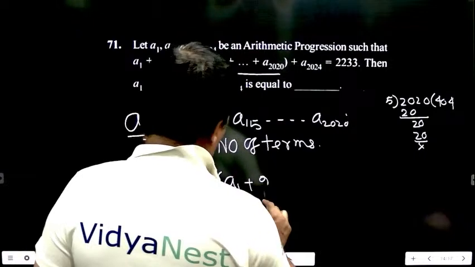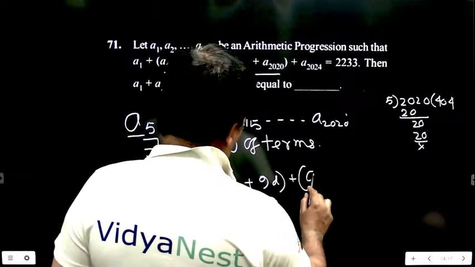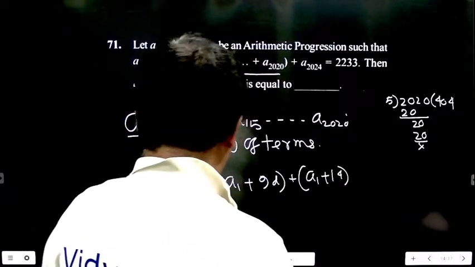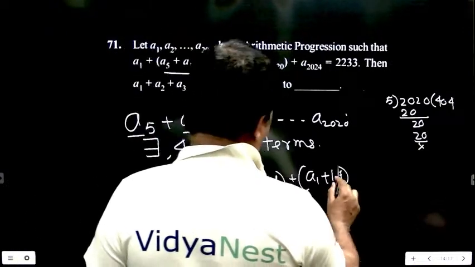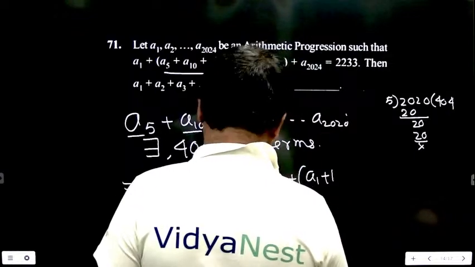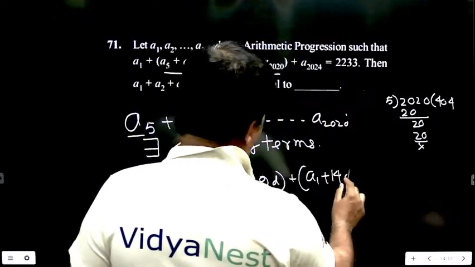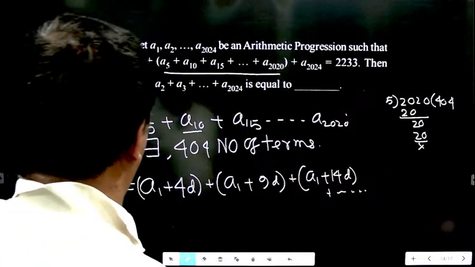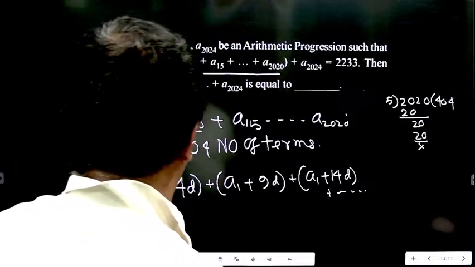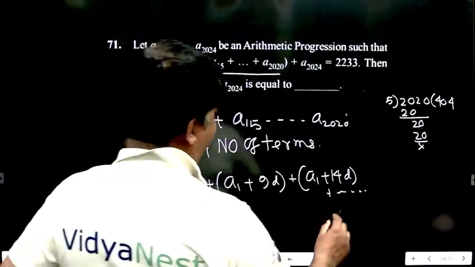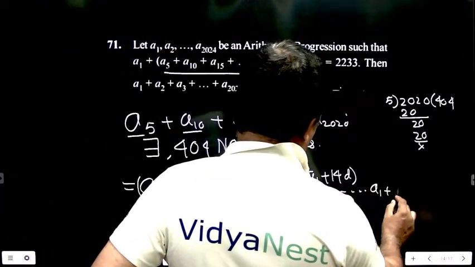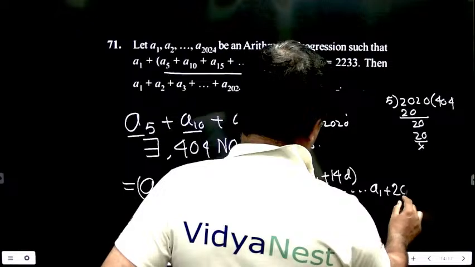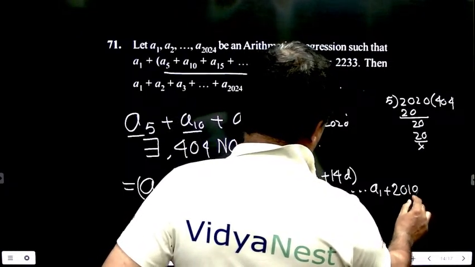A1 plus 9D. A1 plus 14D. So it is A1 plus 20,190.